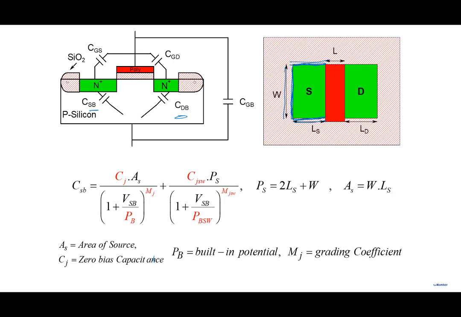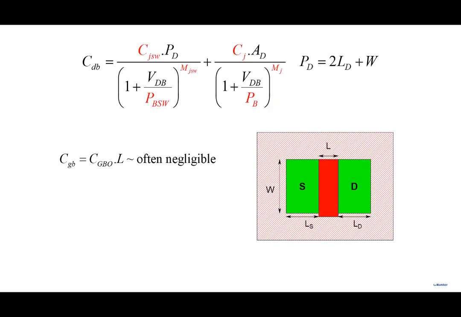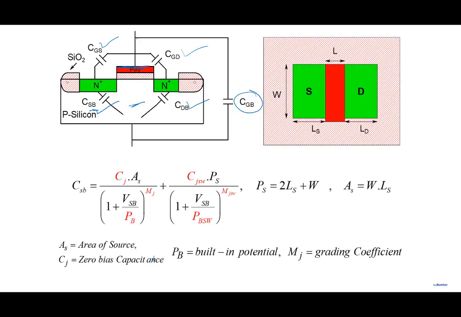Okay. Now, we have already talked about CGS, C gate to drain, C source to body, C drain to body. What about between gate and body? There is a gate here and there is body here. What about the capacitance here? Gate to body capacitance has only an overlap part, because once you are in strong inversion, if you change the gate voltage here, you don't change the depletion charge.